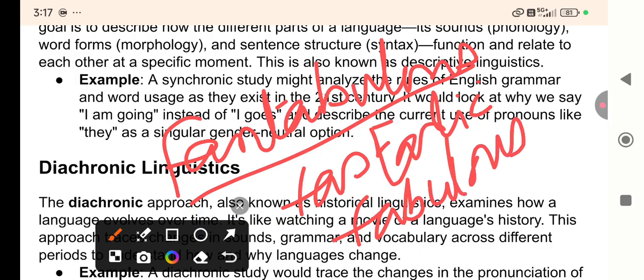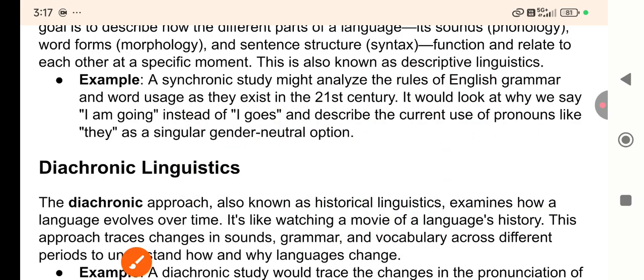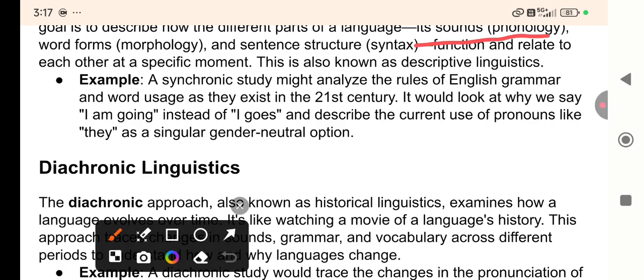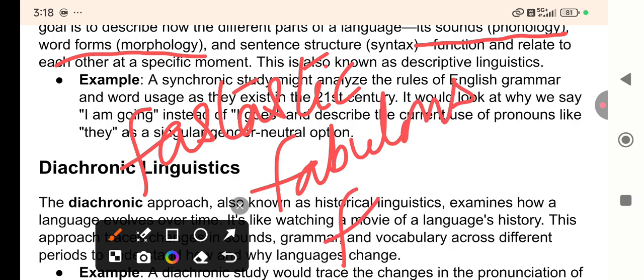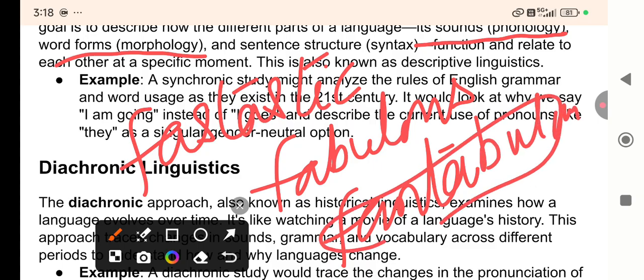Fantastic and fabulous make fantabulous. Suppose this is a newly coined word. Here you just have to study the pronunciation and the morphology, meaning how this word is formed. It is formed from fantastic and fabulous, so it becomes fantabulous, a newly coined word.